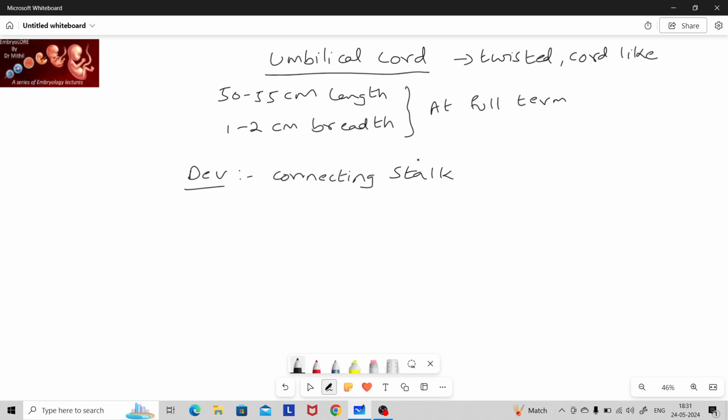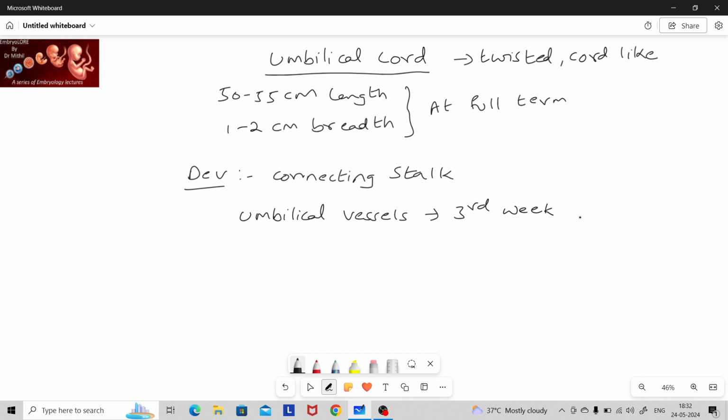From there the umbilical cord is developed, and during further development it becomes narrower and moves to the caudal end of the embryo. And the umbilical vessels develop in the third week of development.